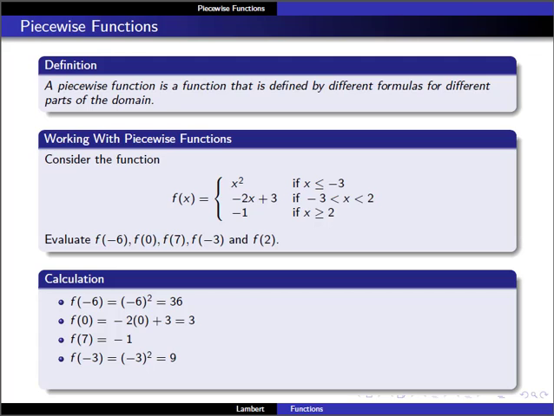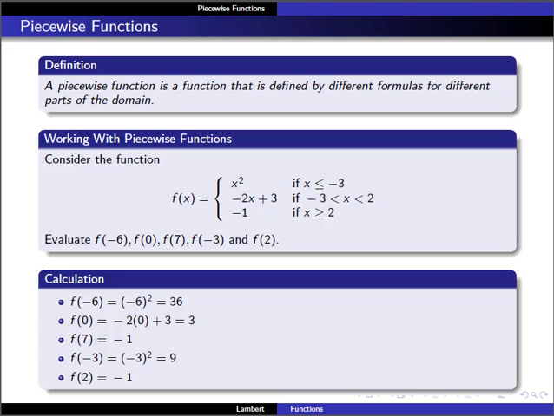So moving forward from here in our last piece, f of 2, which one of the 3 conditions satisfy 2 being our x value? Well, it'll be the third equation. Because 2 is greater than or equal to 2, and since there's no x value, our answer for this one is just negative 1.